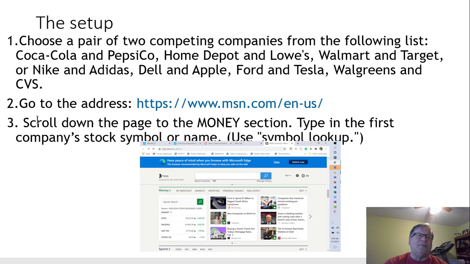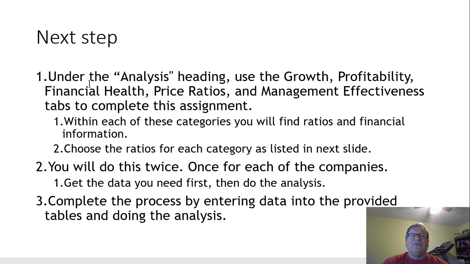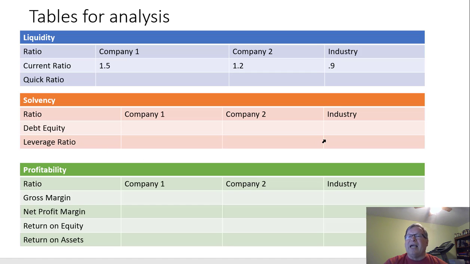So we have this information, all right? So here's the task. Again, you go to this analysis place, you do it twice, and again, you're going to complete this process by inputting this data into these tables. These are the tables I suggest you use. They properly list the companies that you can invest in, or they list the ratios in the categories in which they belong.